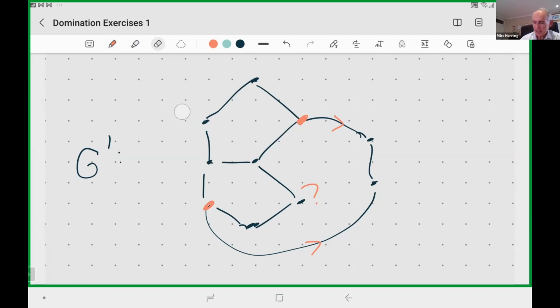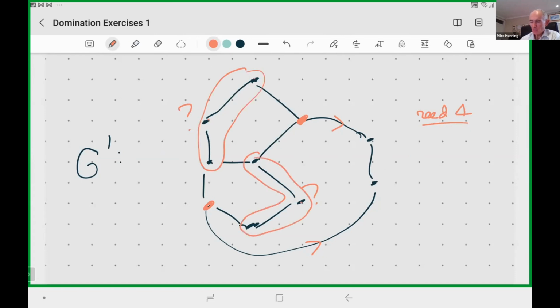And how do I dominate that vertex? They're so far apart that I need 2 more vertices. So in this case, you can easily check that you need 4. Because to dominate that one, I need 1 vertex among here, and to dominate this vertex, I need another vertex. So I need at least 4.